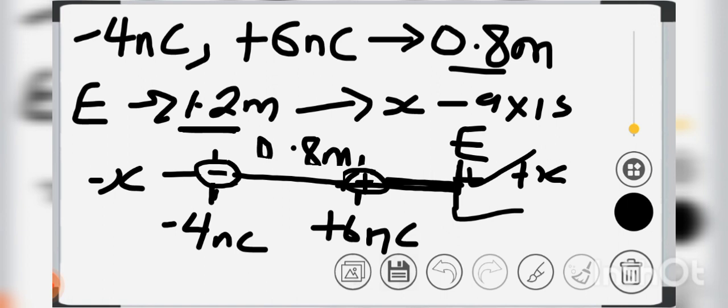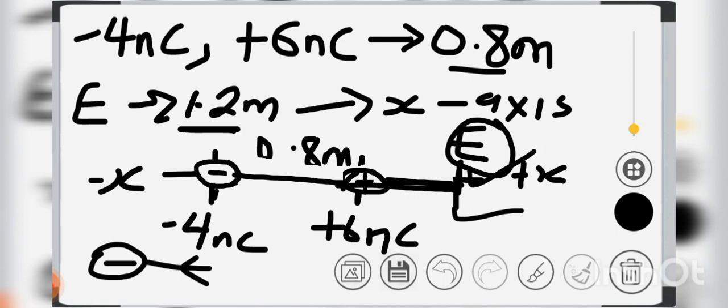The next thing you will check is the line you are drawing from each of these two charges. Will it leave a positive charge or enter a positive charge? Will it leave a negative charge or enter a negative charge? There's one property of electric field lines: they are directed towards a negative charge, and they are always directed away from a positive charge.